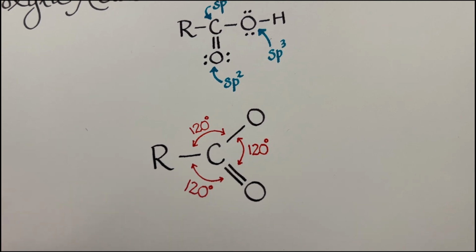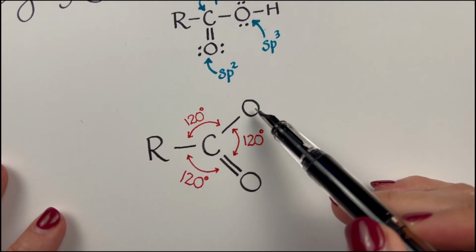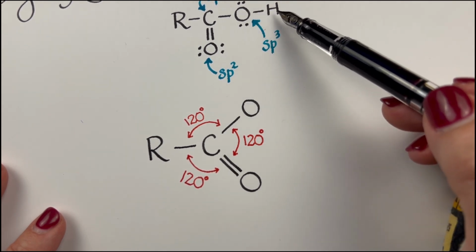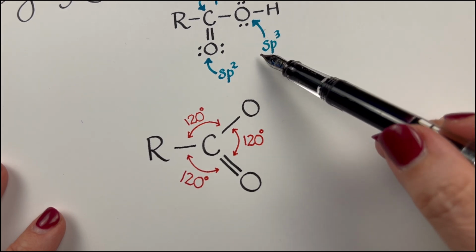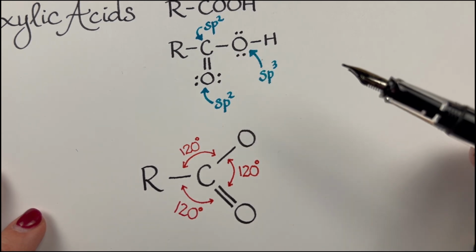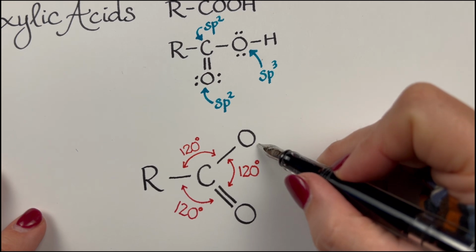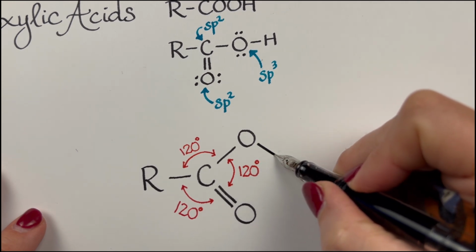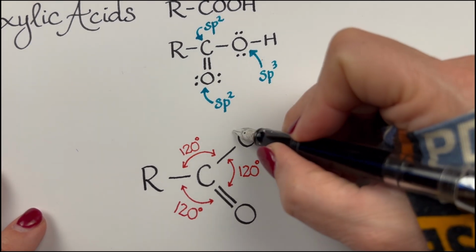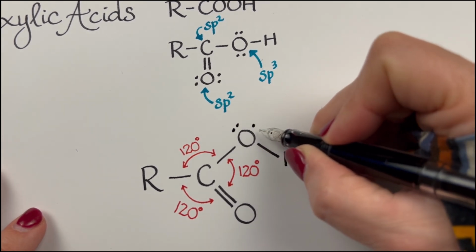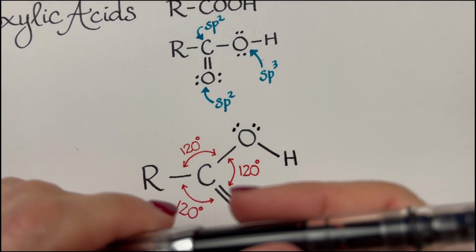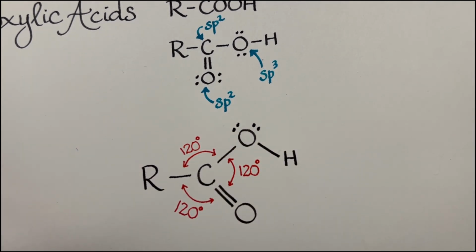Okay. Now let's look at this oxygen here. It's got two lone pairs, and it's got this other bond to the hydrogen. It's sp3 hybridized, so that means it is going to be 109.5. And so what I can do here is draw the bond to the hydrogen. And this bond angle here, I'll make this one blue maybe, to see a little bit better.